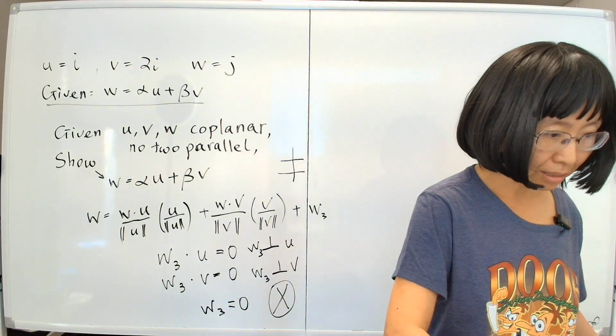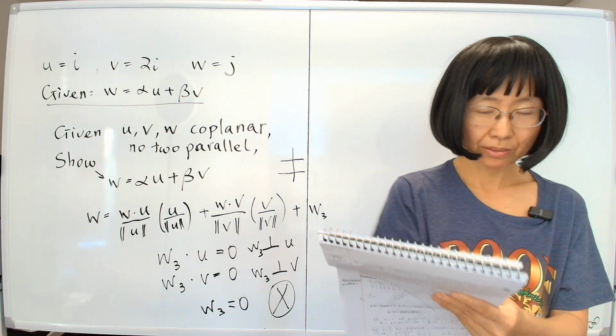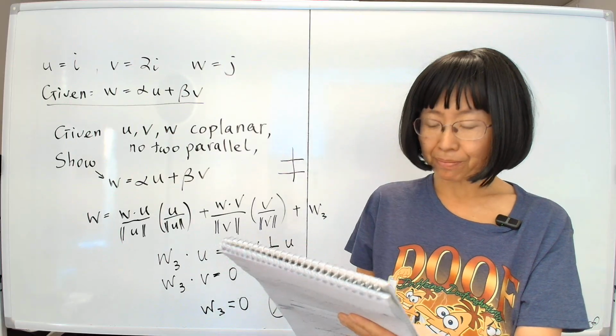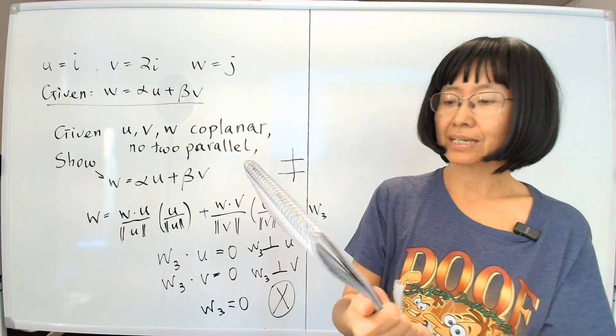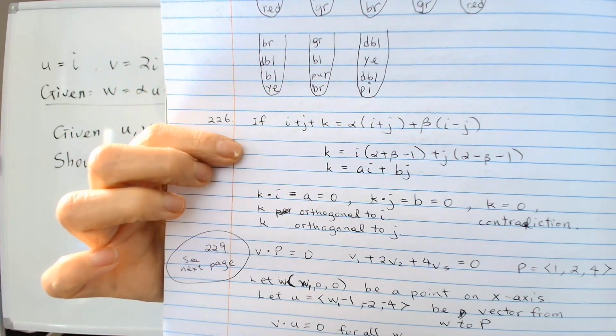So next, I want to do problem 235. 226, you're supposed to prove something by contradiction. So let's do that. Let's say that i plus j plus k equals some kind of scalar combination of just i and j. Okay?